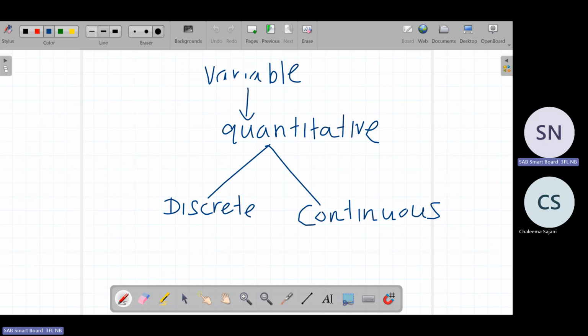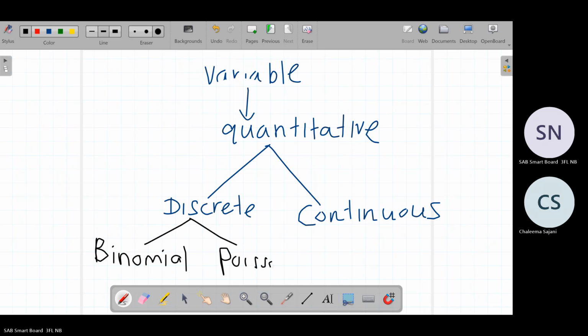The two discrete probability distributions we call binomial and Poisson. If the variable is discrete, we can construct binomial or Poisson. If the variable is continuous, we construct the continuous probability distribution.